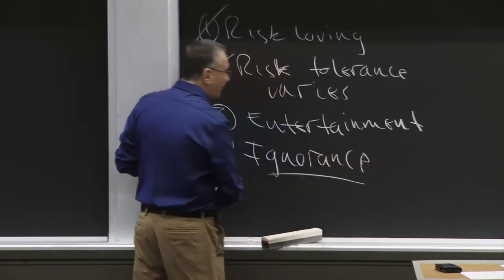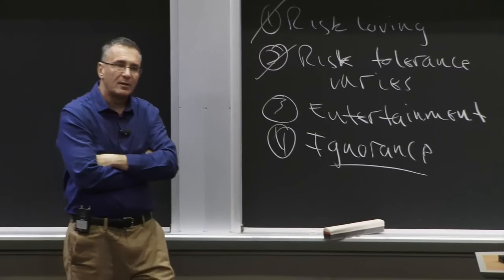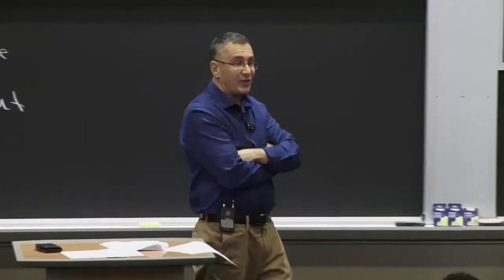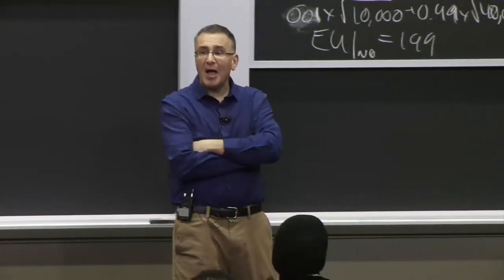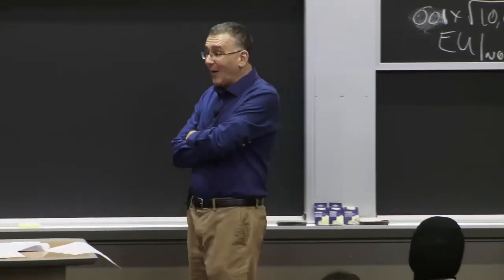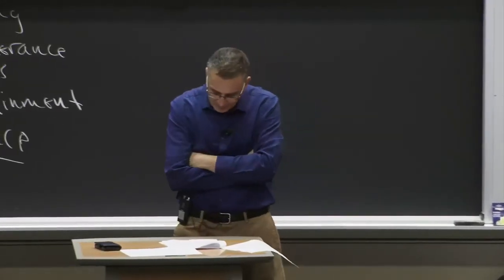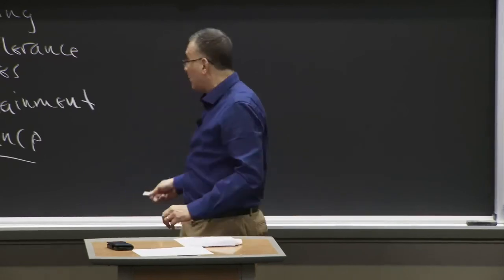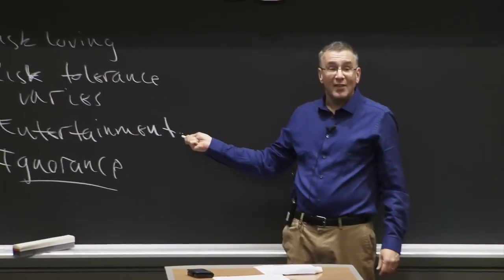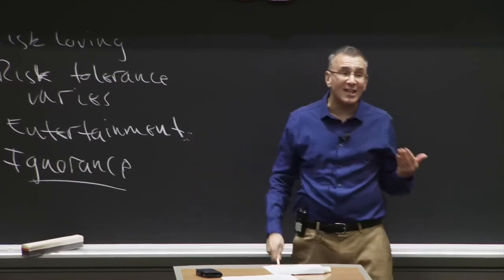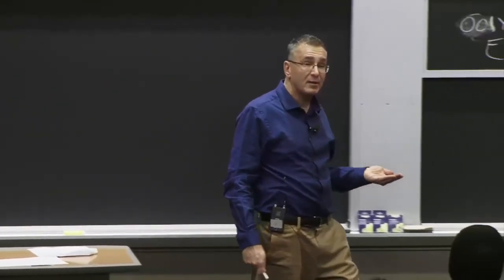Basically, the saying is the lottery is a tax on the stupid. Okay? That people basically just don't understand what a bad deal this is. And the problem is, we don't know which of these theories is right. And they have very different implications for government policy. If the entertainment theory is right, then the government should support lotteries, where essentially the government is getting paid for providing entertainment.